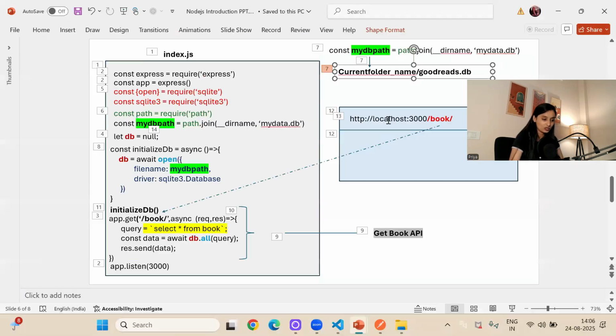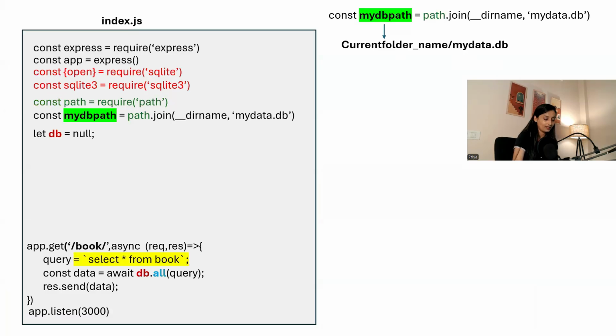Here also this should be mydata.db, correct? Yeah, my bad. So the current directory name you will get here, then /mydata.db. All the parameters you have given in the join method will be joined using this slash, and it is present in the mydb path variable.